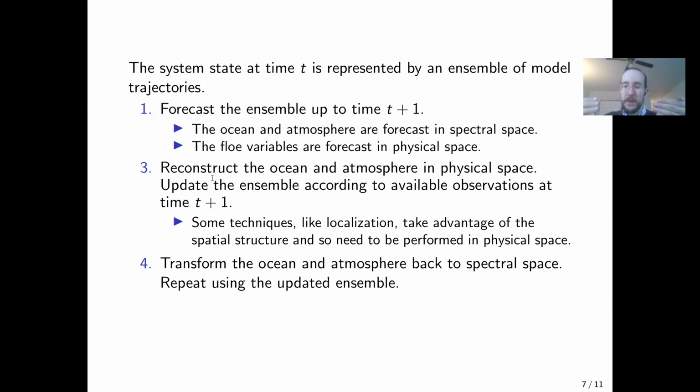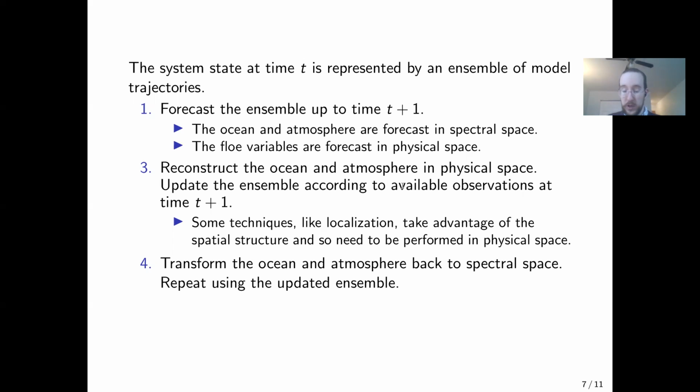So once we forecast up to the time of the next observation, we reconstruct the ocean and atmosphere in physical space. So we could perform the update in spectral space, but we want to take advantage of some techniques like localization, which utilize the spatial structure of the problem. And so to utilize the spatial structure, you have to convert back to physical space.